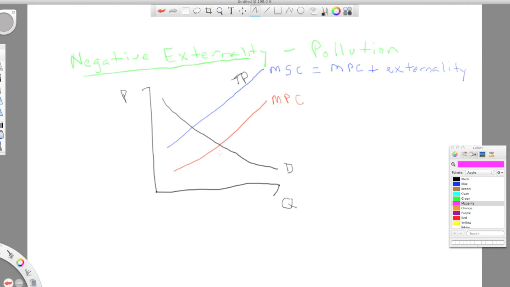In this particular case, with a negative externality, the market is going to want to go here. That's where the private outcome will occur. The social optimum, the optimal amount of toilet paper, is here. And what we notice, and we can just talk primarily about the quantity effect, is that we get overproduction in the private case.